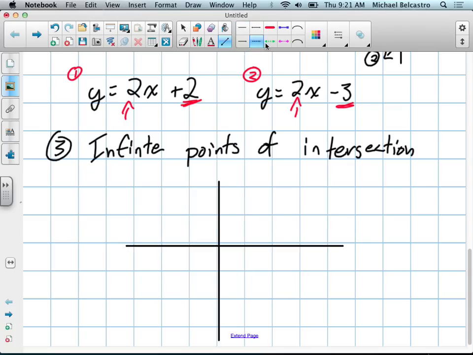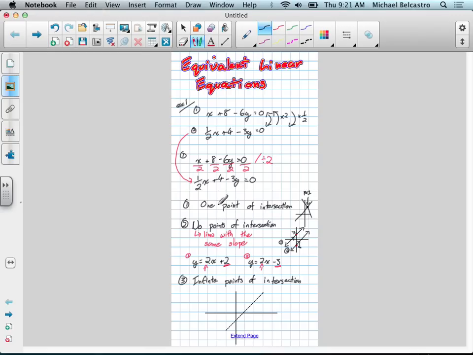And we'll have one graph like this. What type of line would have infinite points of intersection to this line? Infinite points. A circle will only cross it twice, maybe once, but max twice.